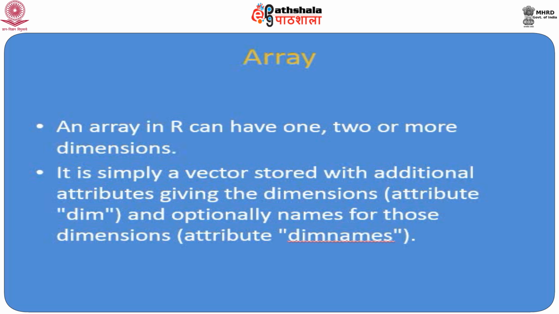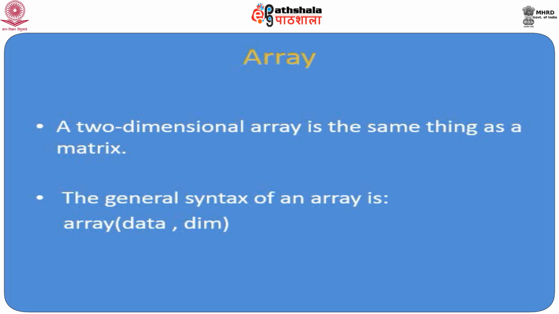This dimension will be specified using dim, like we have seen before, and the names of those dimensions will be specified using dimnames, that is dimension names. So, we can understand that a two-dimensional array is the same thing as a matrix.